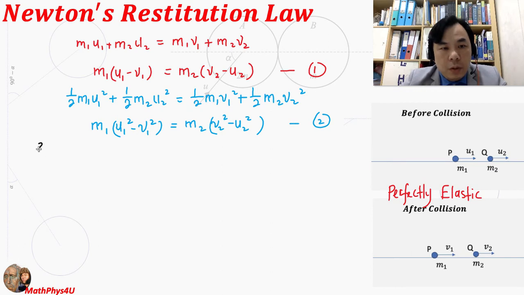From here, we can solve it through this operation. We're going to take equation 2 divided by equation 1.